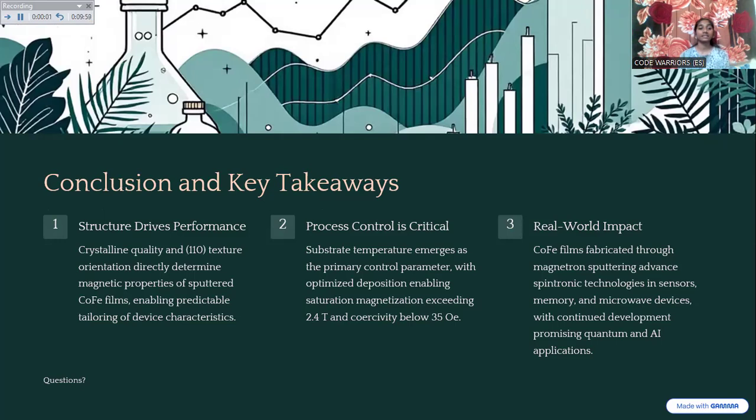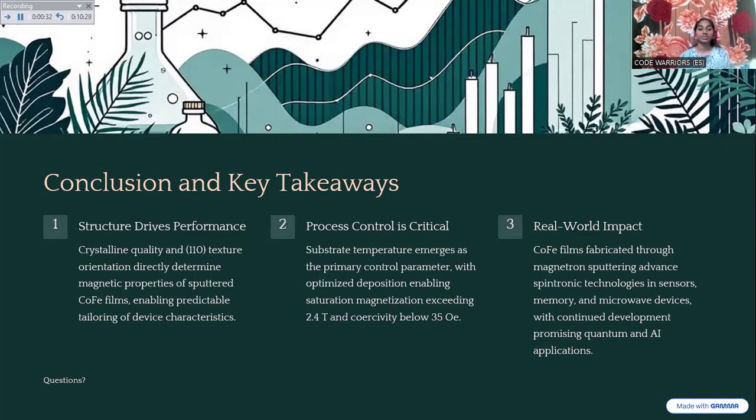Conclusion and key takeaways: structure drives performance, process control is crucial, real world impact. Structure drives performance. Crystalline quality and preferred texture orientation directly determine magnetic properties of sputtered CoFe films, enabling predictable tailoring of device characteristics.